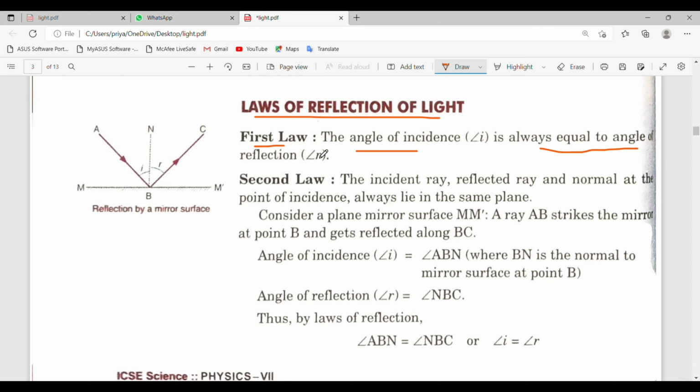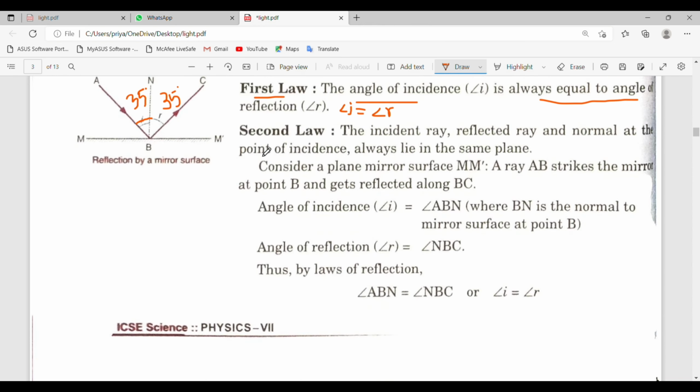It means that angle I is always equal to angle R. For example, if angle I is 35 degrees, then angle R will also be 35 degrees.